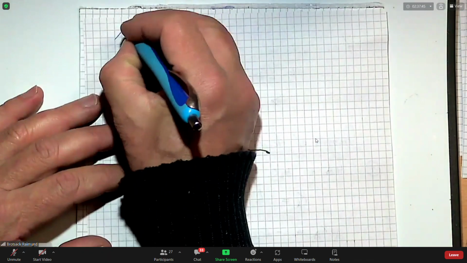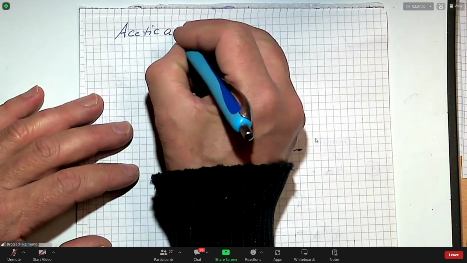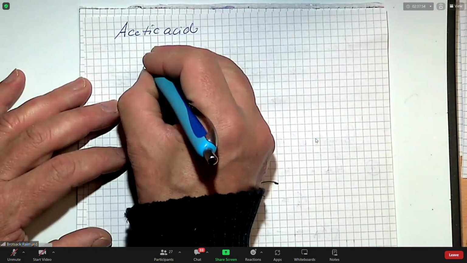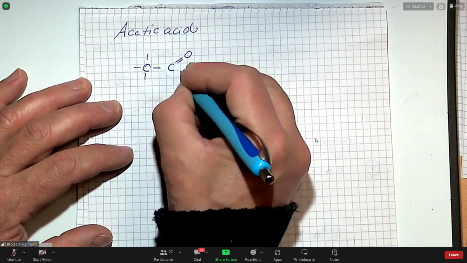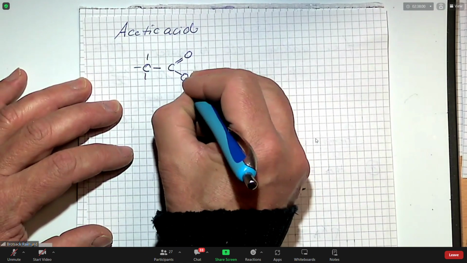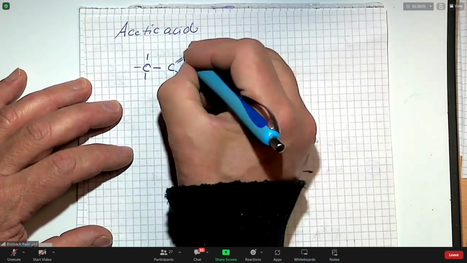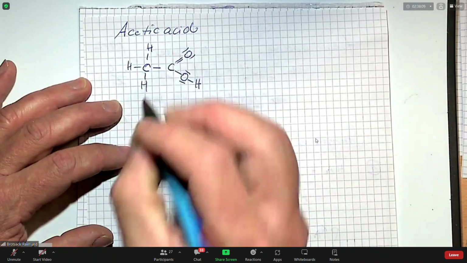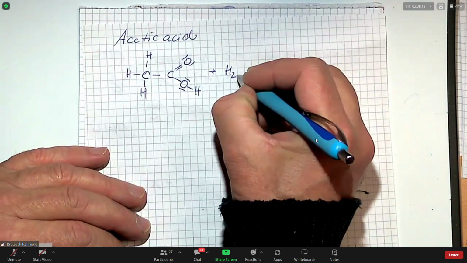So we use the acetic acid as an example. And we already know the formula CH3COOH. Now, this is the formula of the acetic acid in water, H2O.